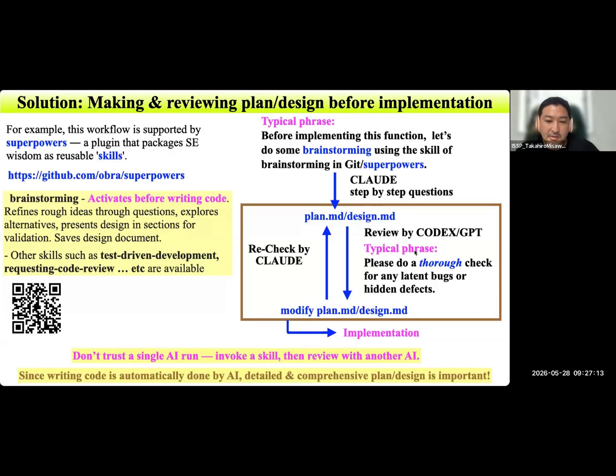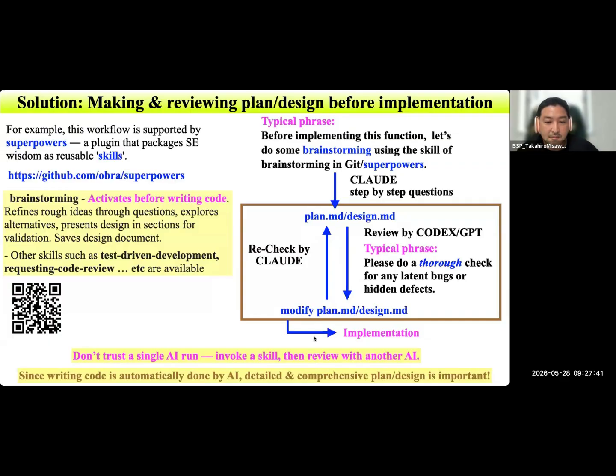By asking this, another AI often finds several serious bugs in plan.md. Again, I ask Claude to check the result of the review. I do this cycle two or three times, and after two or three cycles, there is no serious problem.